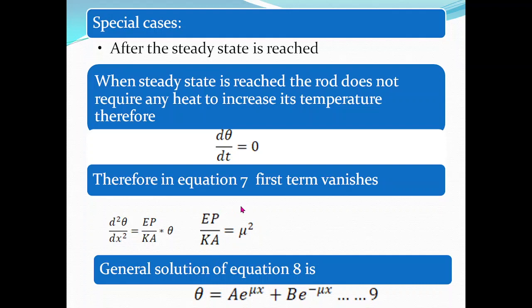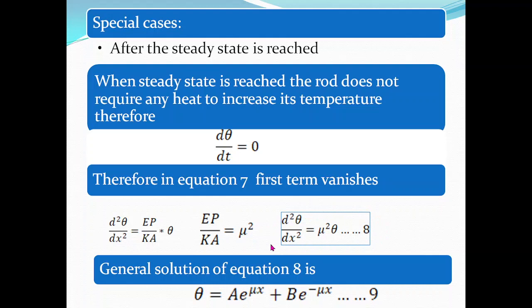Once we decide the material and the bar, the value of ep upon ka is constant, which is denoted by mu square. Therefore the equation can be written as d2 theta by dx square equals mu square theta.